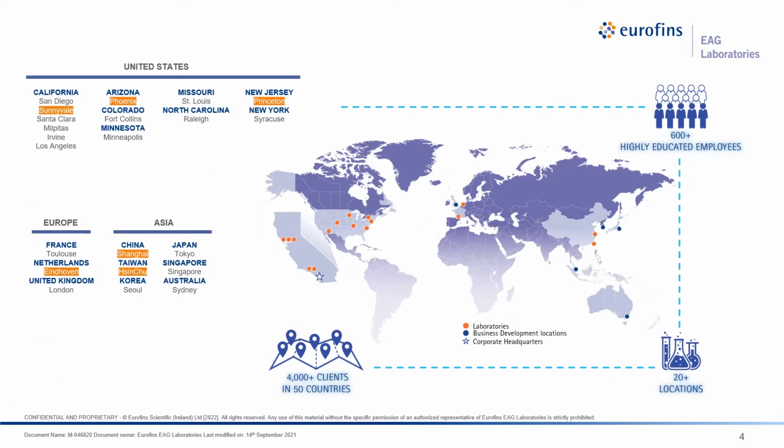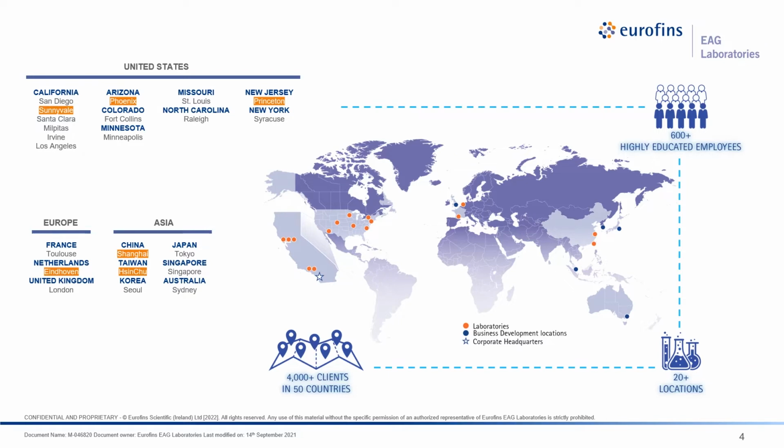So, a bit about EAG. EAG, as you can see from the map, is a global company with laboratories across 4 continents. The orange dots show where the instrumentation is. The blue dots show you contact offices. EAG has 600 highly educated employees and experienced scientists.